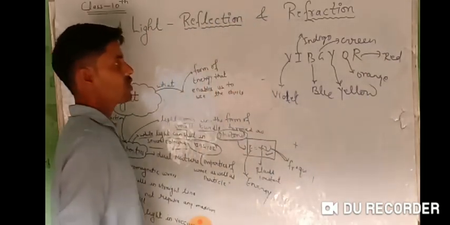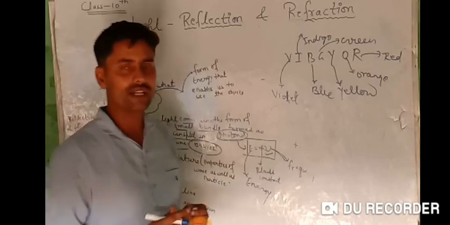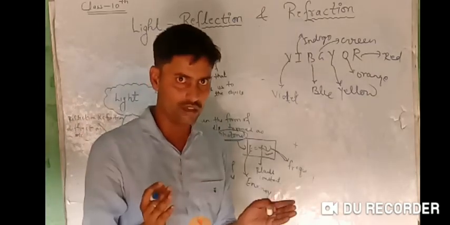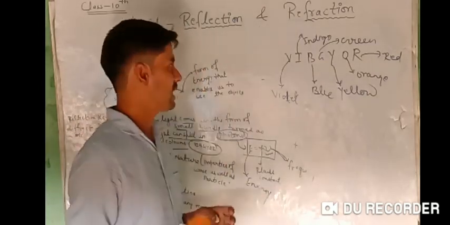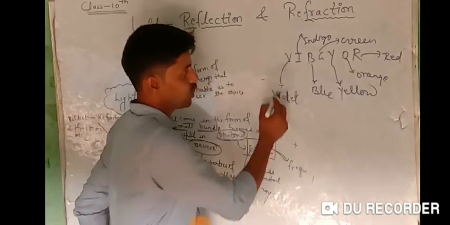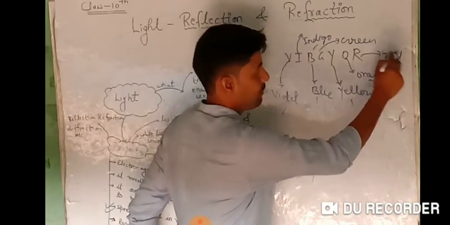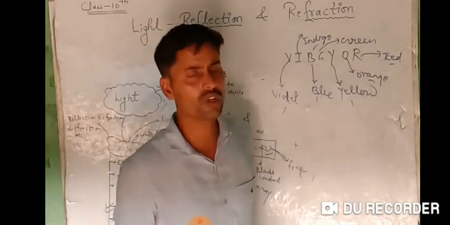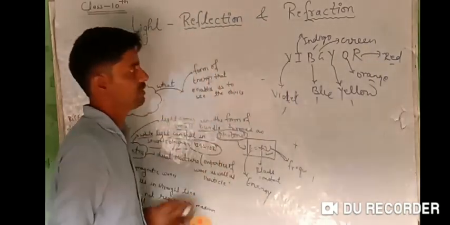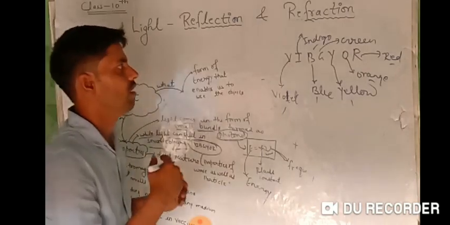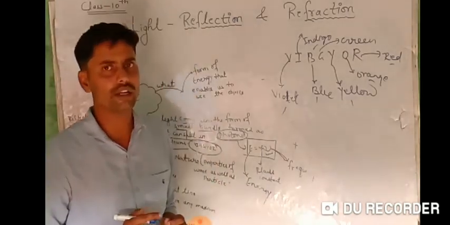So when the white light splits into several colors, those colors are violet, indigo, blue, green, yellow, orange, and red. Now we will understand some basic definitions.